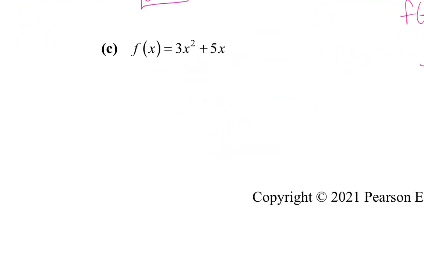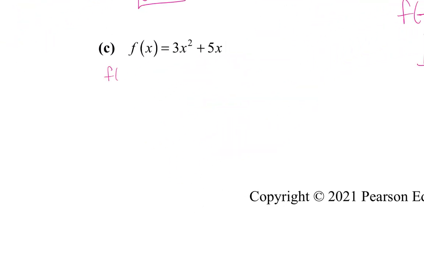All right, let's try this one. So I'm going to plug in a negative x. So I get 3 times negative x squared plus 5 times negative x. Two negatives make a positive. Positive times a negative is negative.